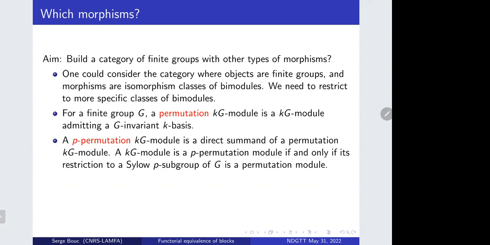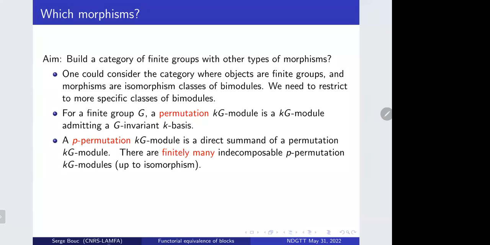It means it's a KG module which admits a basis which is invariant by the action of a given Sylow p-subgroup. Of course, this condition does not depend on the chosen Sylow subgroup. It also means that if G itself is a p-group, then a p-permutation KG module is simply a permutation module.